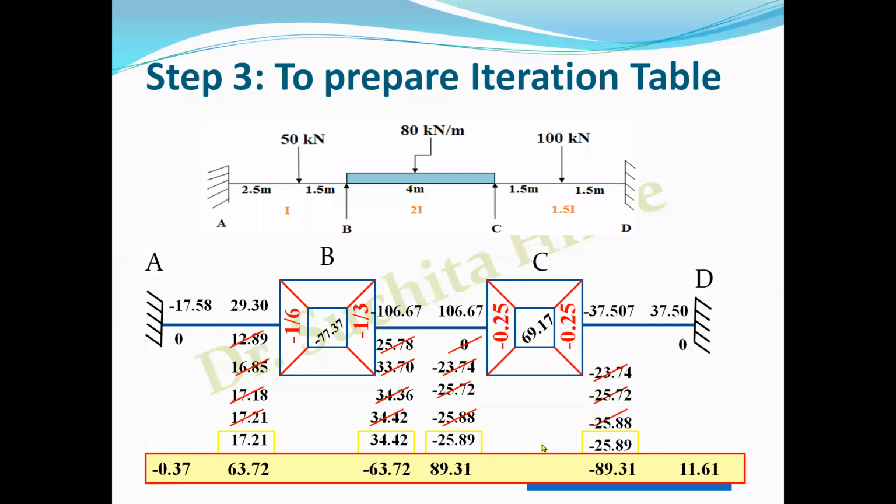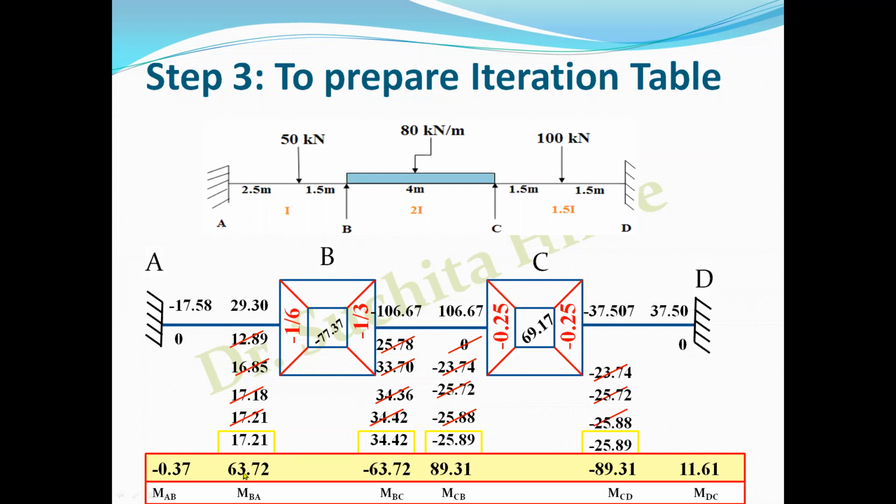So if you calculate in this way, you will get final moment as minus 0.37 for MAB, MBA as 63.72, MBC as minus 63.72, MCB as 89.31, MCD as minus 89.31, and MDC as 11.61.